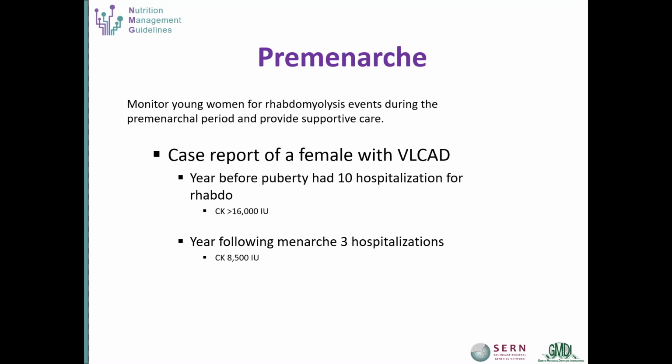So that year before puberty, she had 10 hospitalizations compared to only 3 hospitalizations after menarche. So we want people to be aware that that time before puberty can have a lot of problems for those that are at risk for rhabdomyolysis.